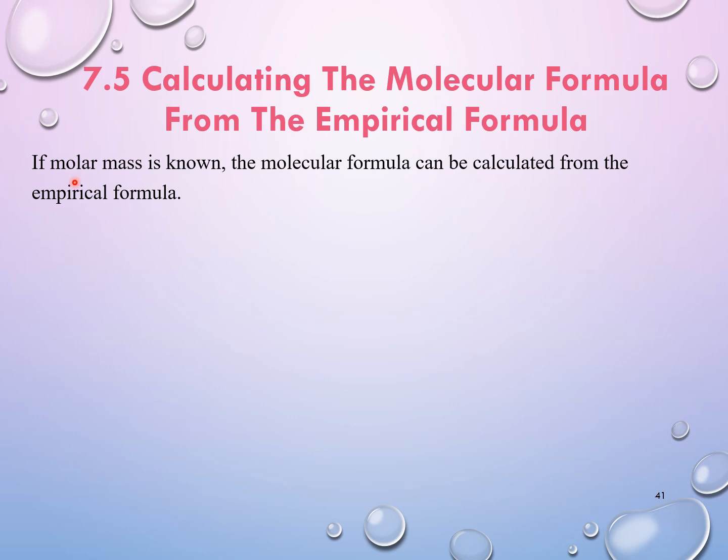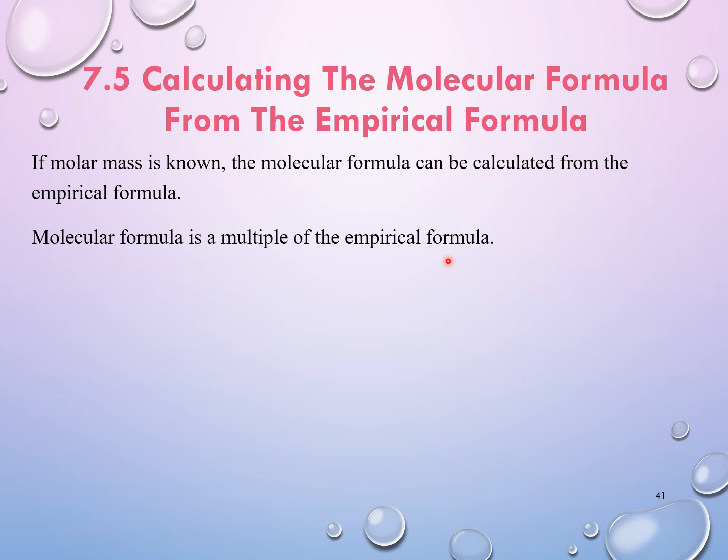So the next thing is, if you know the molar mass, you can actually calculate the molecular formula once you get the empirical formula. We've been calculating empirical formula before this, but we can also find the molecular formula if we know the empirical formula and molar mass. Because the molecular formula is a multiple of the empirical formula, once you find the empirical formula, all you do is get the mass of the empirical formula, and then take the molar mass divided by the mass of empirical, and you get a multiple, a ratio there.